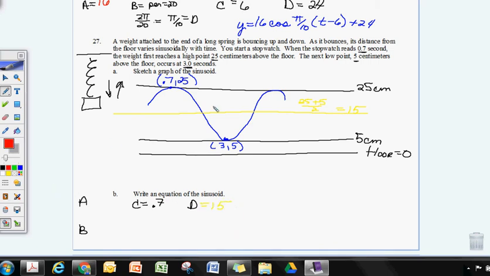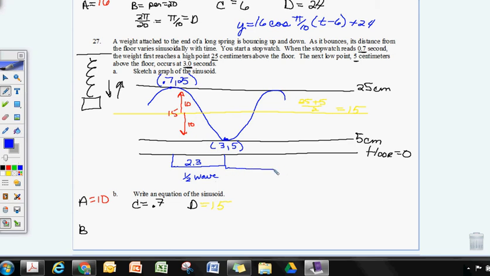So then, since I know this is 15 now, and it goes up to 25, I can see this is 10, and it goes down to 5, I can see this is 10. My A value is 10, and it starts up, so it's positive. So the only thing left for me to find is the B value. Well, I know that in 2.3 seconds, it does half of a wave.